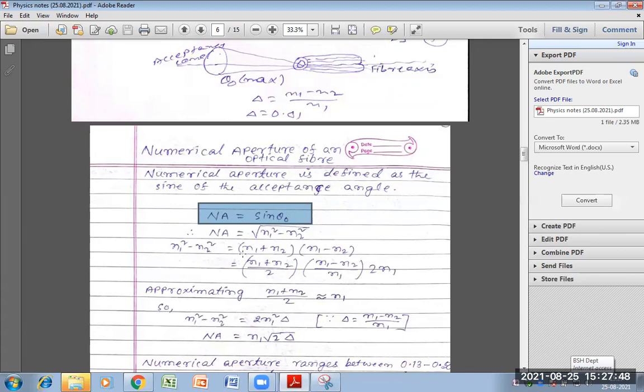This can be extended and written as N1 plus N2 divided by 2, into N1 minus N2 divided by N1, into 2 N1. Approximating N1 plus N2 divided by 2 as equal to N1, N1 square minus N2 square is equal to 2 N1 square into delta.